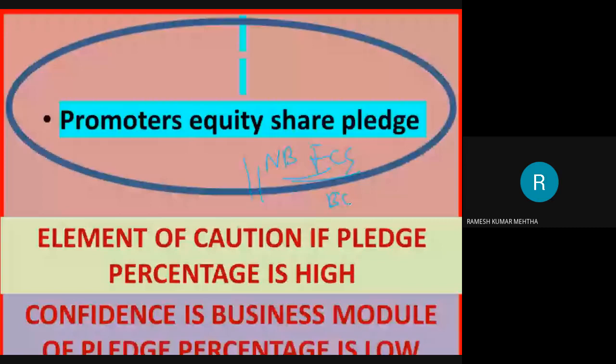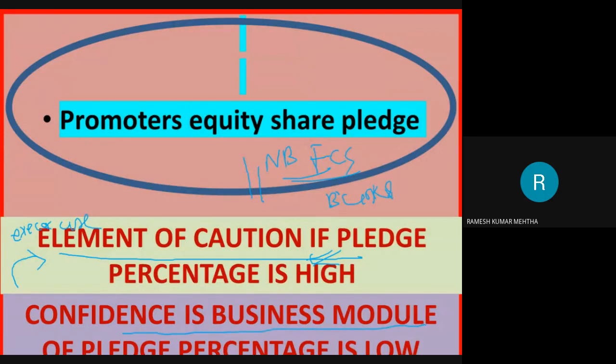Please, out of my experience, I can share that you have to exercise an element of caution if the company's promoters are pledging their shares. If they are pledging a high percentage of their stake with the banks and non-banking financial companies, then the company is a very risky company for investment.